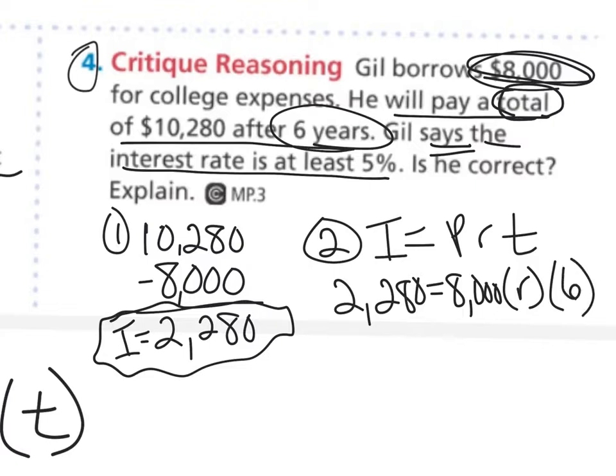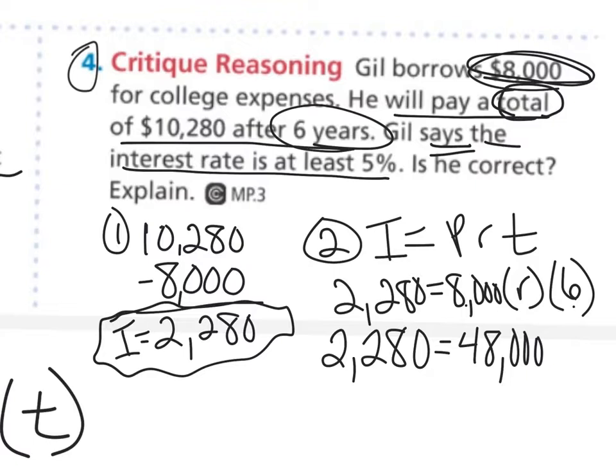So to solve for R, over on the right side, we can switch our order. If you want to physically switch it, you can. Anyway, we could multiply 8,000 times 6. All these are being multiplied so you can rearrange, commutative property. So 6 times 8 is 48, so that'd be 48,000 R.